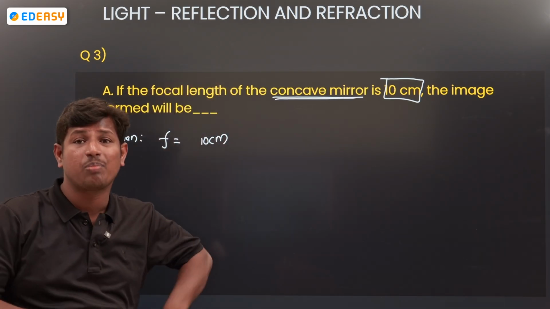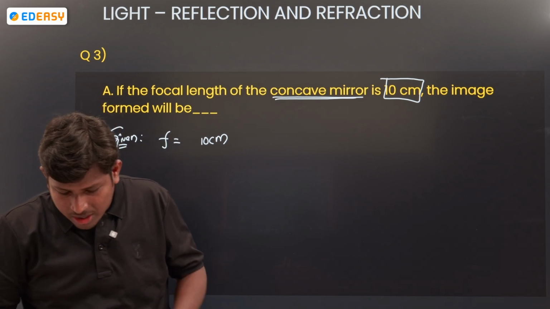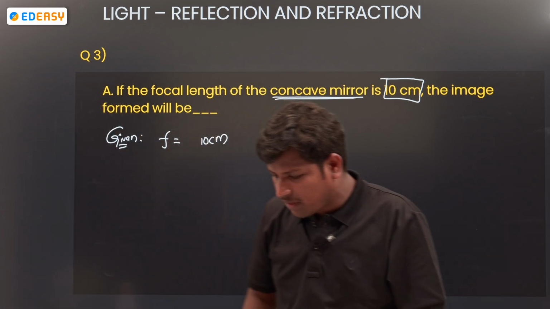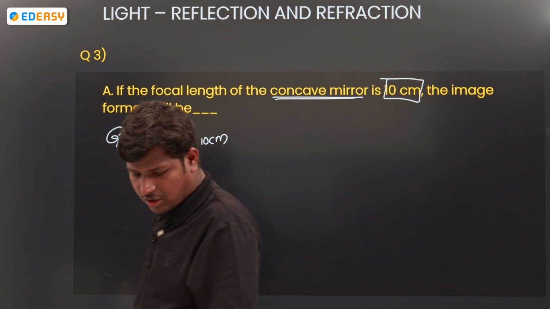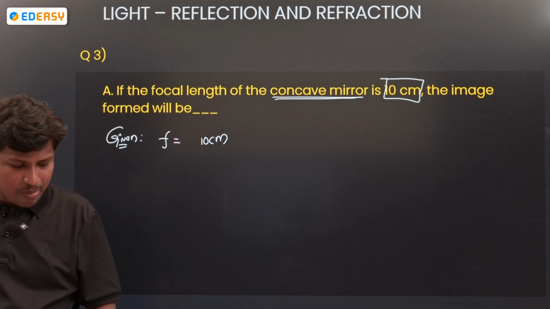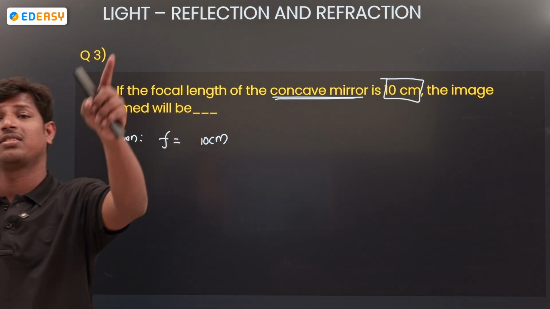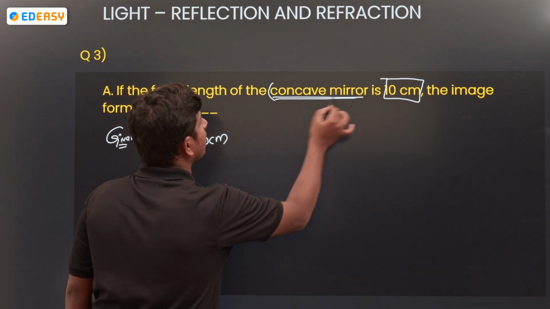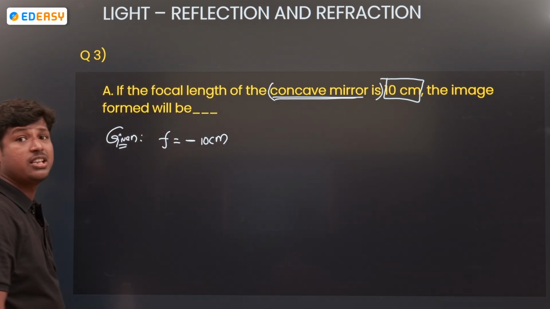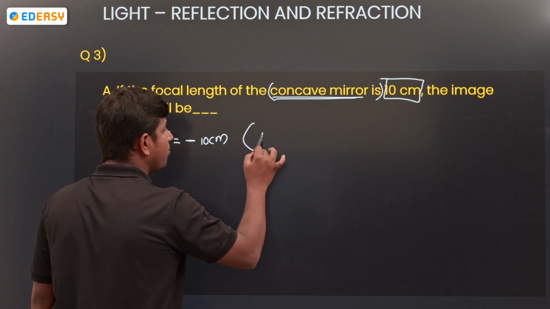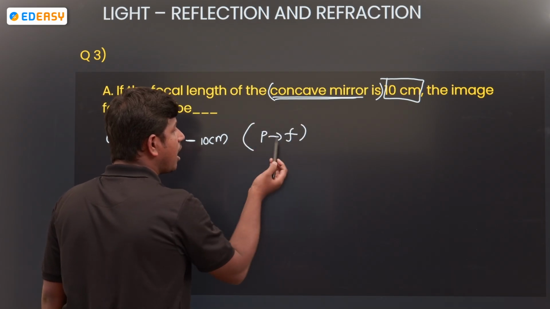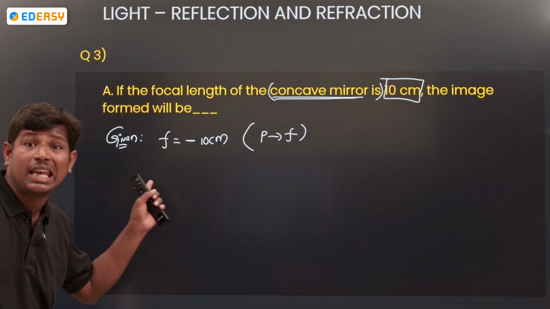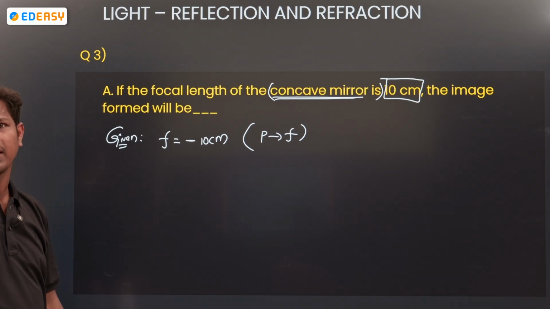Take the sign convention: will it be plus or minus? Focal length will be minus for a concave mirror, because it is measured from pole to F, opposite to the direction of the incident ray, so it is negative.